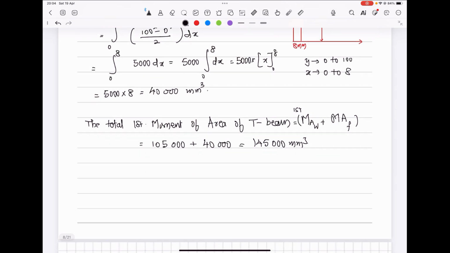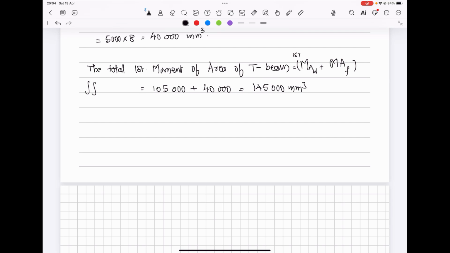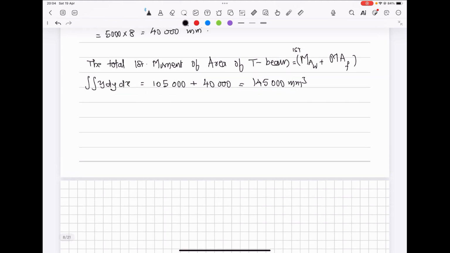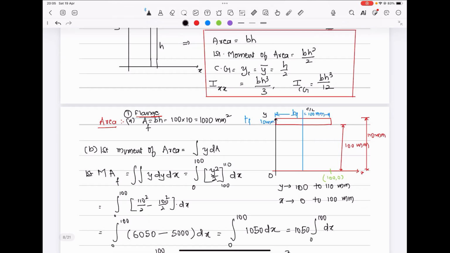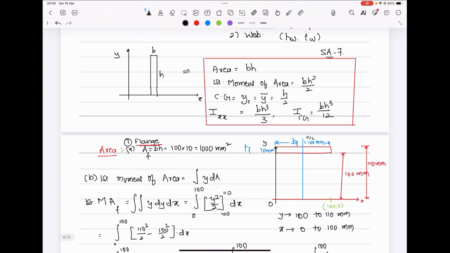Now, this is equal to double integral y dy dx. And the area is double integral dy dx, which is equal to area. How much have we got? Total area we have calculated just now.